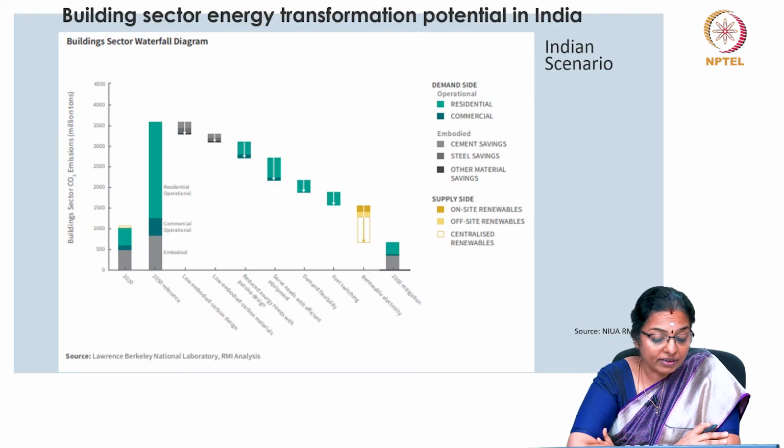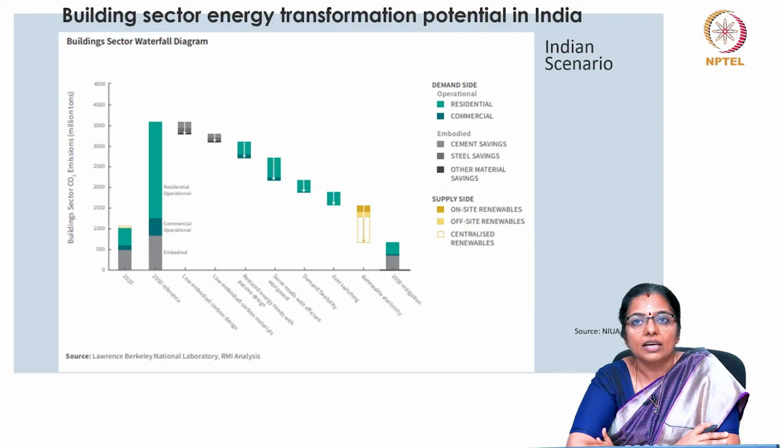And that is where we have a humongous amount of scope, that if we are able to improve in the operational carbon, then we can reduce the operational carbon emissions by 50%. In India, the building sector accounts for one fifth of the carbon emissions and 33% of its energy consumption.